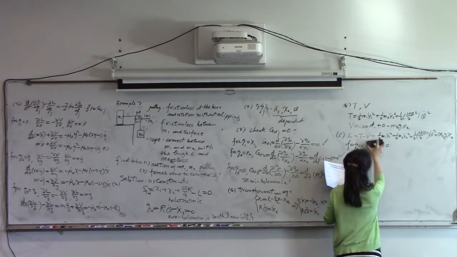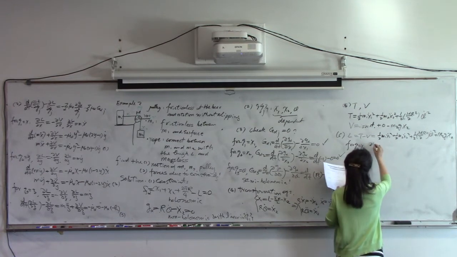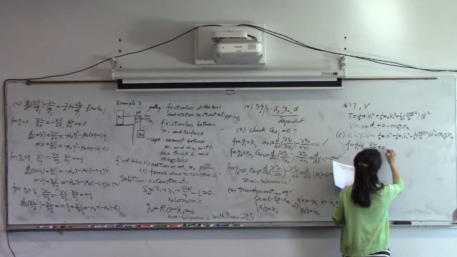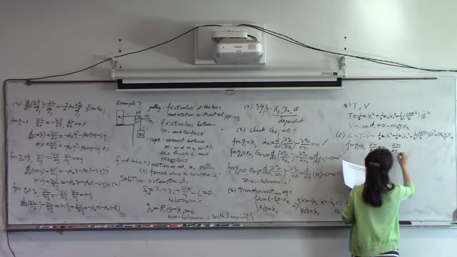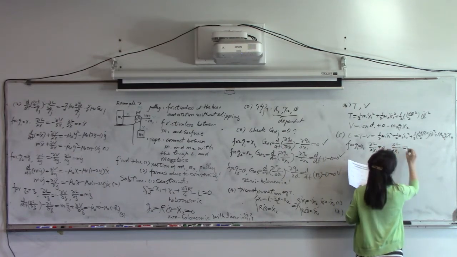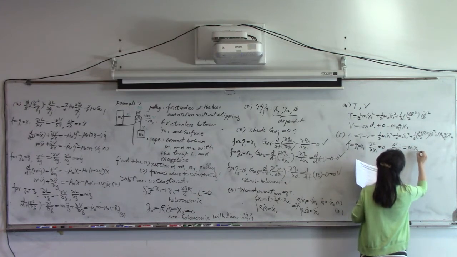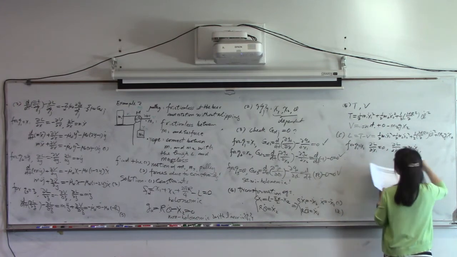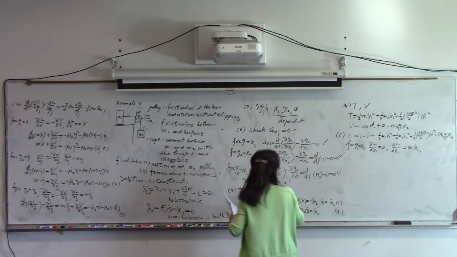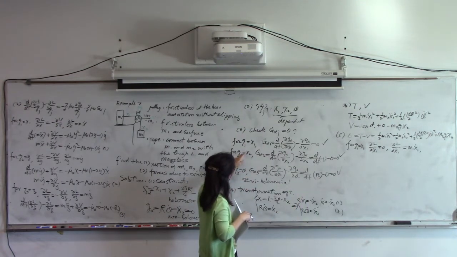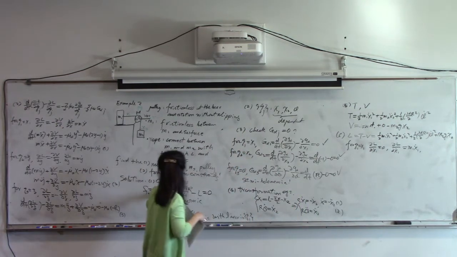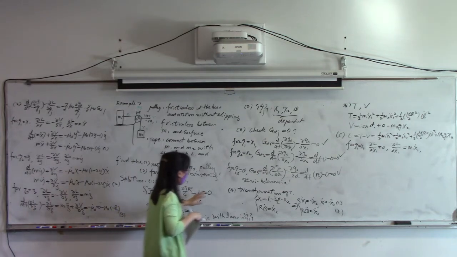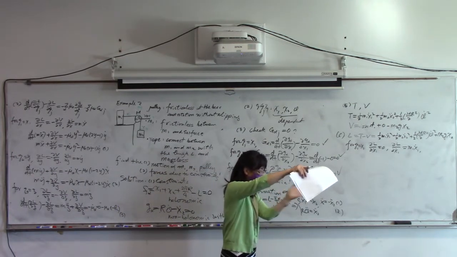So here, partial L, partial x1 equals 0, and partial L, partial x1 dot is m1 x1 dot. Since we have a holonomic and also a semi-holonomic constraint, the right-hand side of the Lagrange equation has two terms.